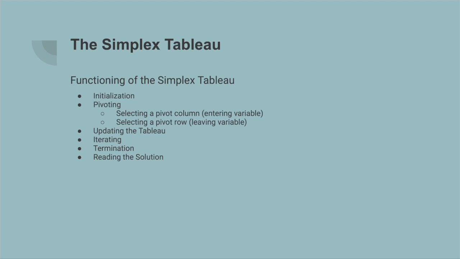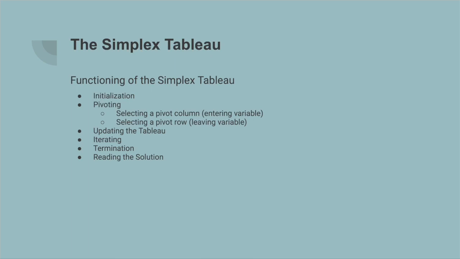The method involves performing pivot operations to move from one basic feasible solution to another. This is done by selecting a pivot column or entering variable and selecting a pivot row or leaving variable. To select a pivot column, we should typically choose the column with the most negative coefficient in the objective function row in a maximization problem.